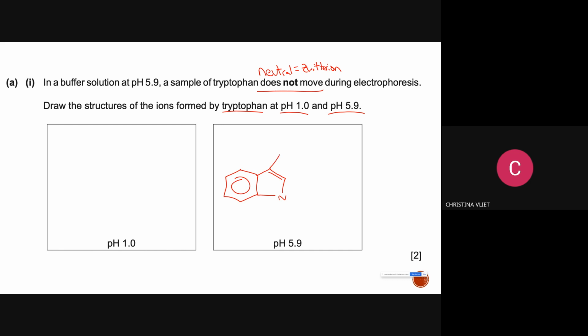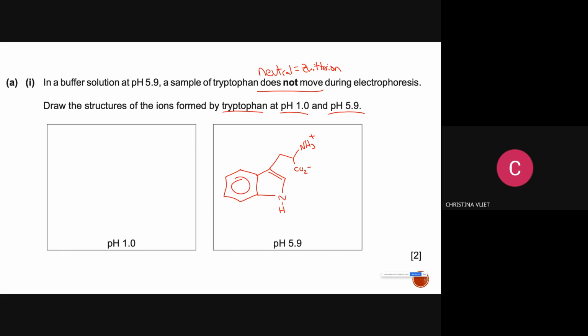Then this right here is the CO2 minus. This is the NH3 plus. And then down here, I should have just NH, like that. That's 5.9.